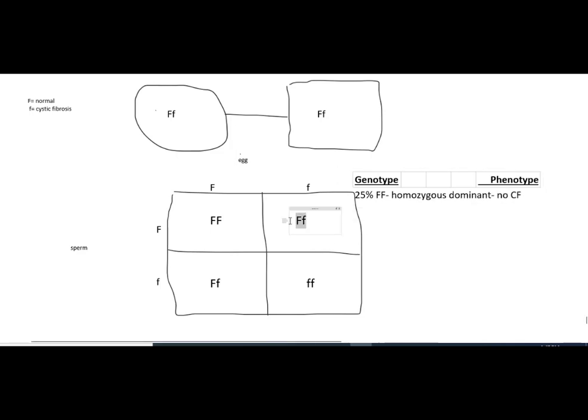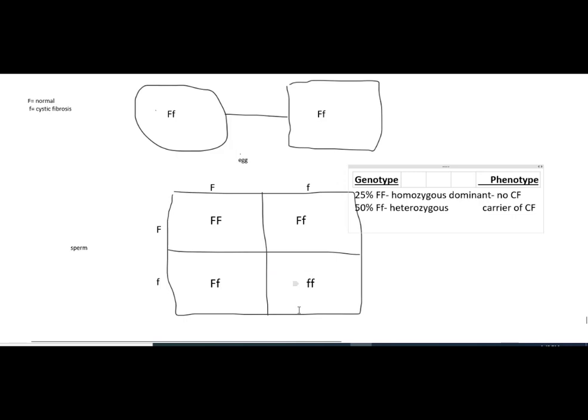Next, this square and this square are heterozygous. So there's a 2 out of 4 chance, that's a 50% chance, of having one big F and one little f, which is a heterozygous genotype. And then of course, phenotypically, that would mean there's a 50% chance this couple will have a baby who's a carrier of cystic fibrosis.